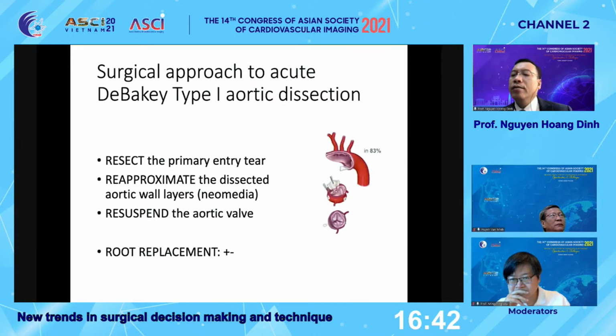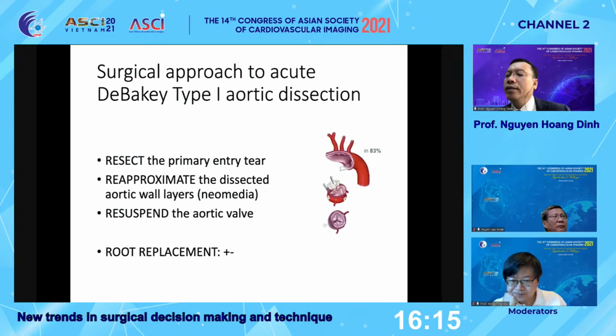The classical principles of surgery for the DeBakey type 1 dissection consist of three things. First is the resection of the primary entry tear. Second is reapproximation of the dissected aortic wall layers. And third, the resuspension of the aortic valve.